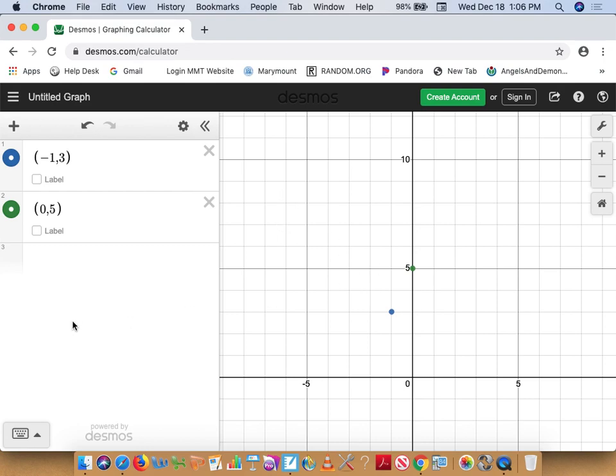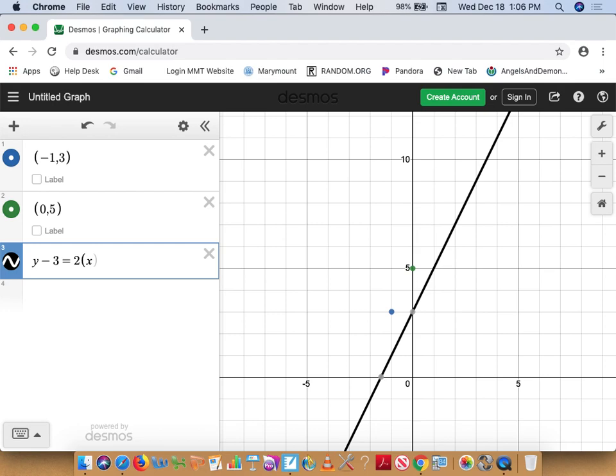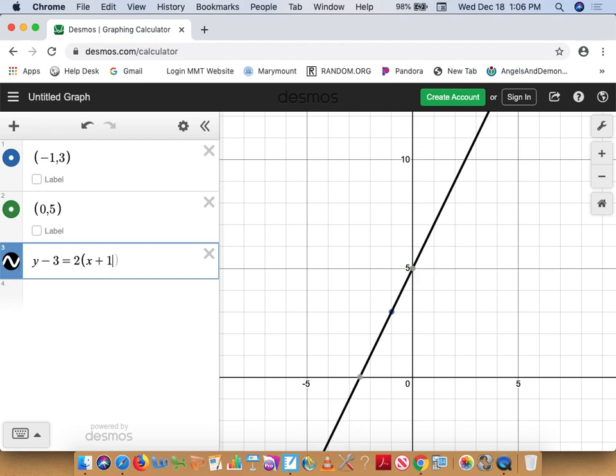Point-slope form might be best. I can go y minus 3, do y'all see the y coordinate, equals, let's say 2 times x minus negative 1. What's minus negative 1? Plus 1. And you see, that's one way you can drive it through.